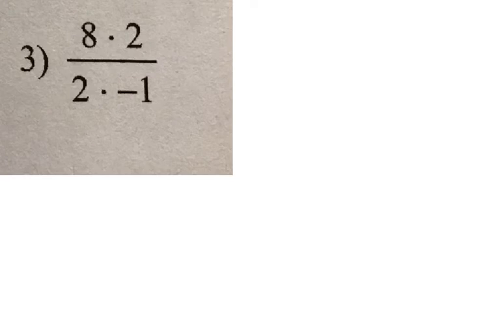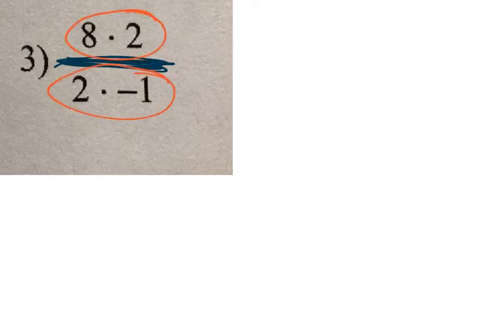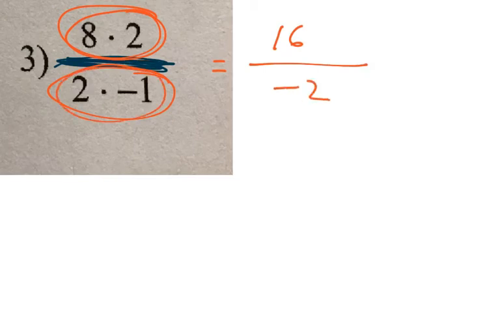Now guys, look at this one here. Does everyone agree we have a big fraction right here? So with fractions, remember guys, you're going to do the numerator together at once, you're going to do the denominator together, and then you're going to finally divide. Remember, a fraction means divide. So, do you agree that 8 times 2 is 16? 2 times -1 is -2.